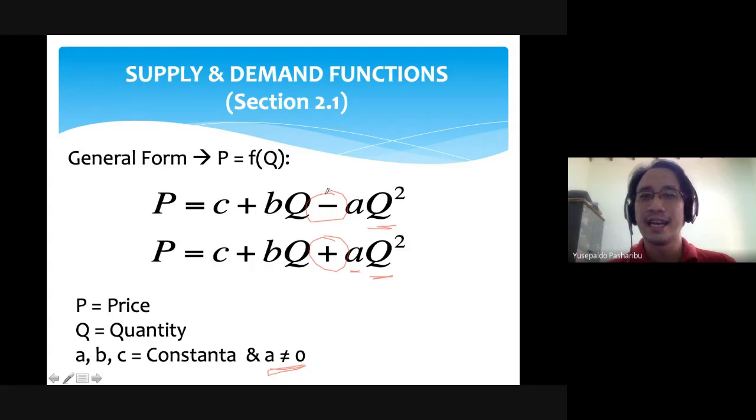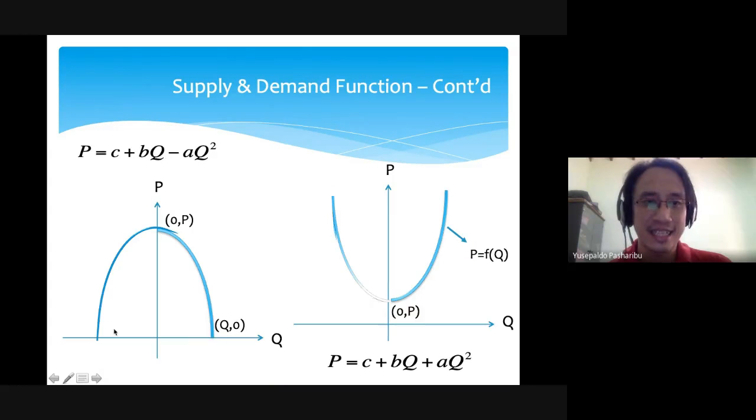If A is negative, then the vertical parabola will be an inverted U shape. If plus, it will be a smile or U shape. See, this is the first one, negative.